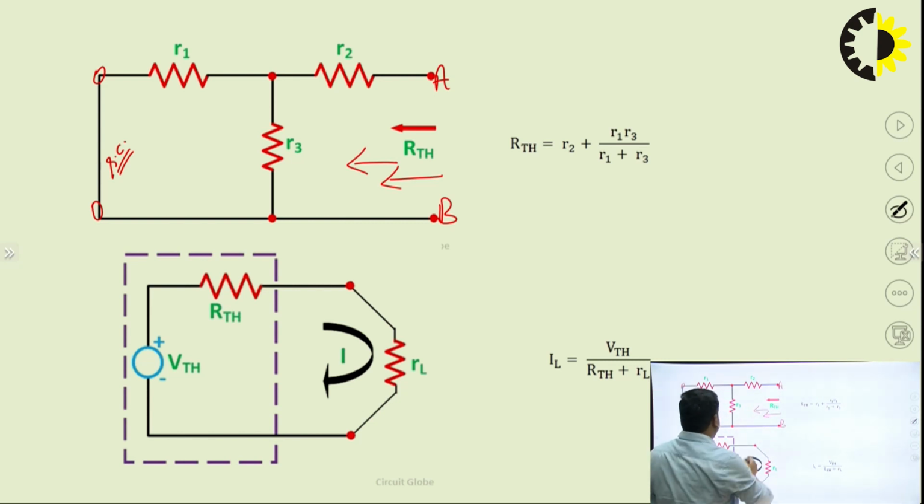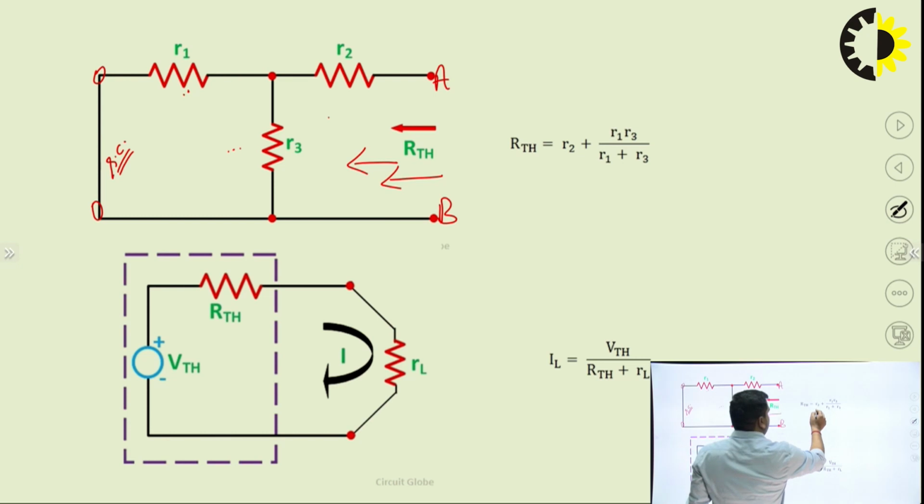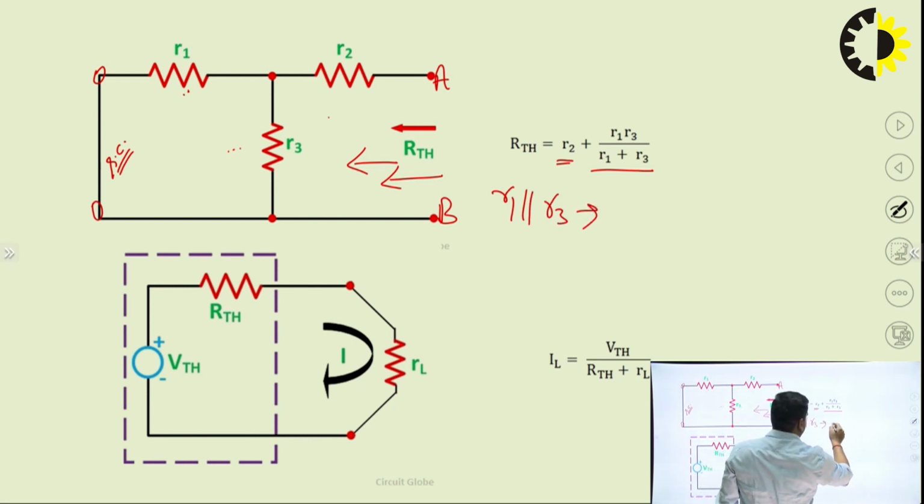Here we can see that R1 and R3 are both in parallel, as current division takes place, and this resistance R2 is in series with the total equivalent of R1 and R3. So what is the value of RTH? It is R2 plus the equivalent of R1 parallel R3. What is the equivalent?